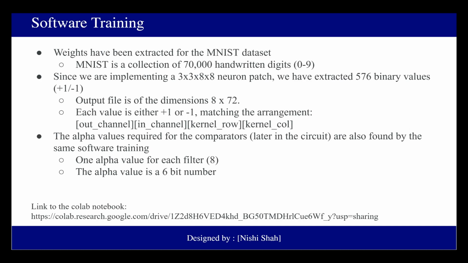The output file is of dimensions 8x72, assuming 8 filters. We also needed alpha values, which are used as a reference to determine our binary outputs, and these are also obtained by the software training. So we also got 8 of these alpha values. The Colab notebook is linked below.